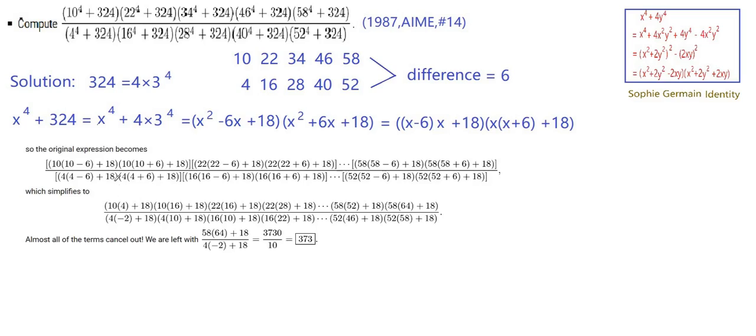After we simplify, we can see the upper side and the lower side can be cut off like this, like this, like this. Always cut off, same thing. And the last one, 52, 58, 52, 58, cut off. So only the last item in the upper side and the first item in the lower side are left. So the result is 373.